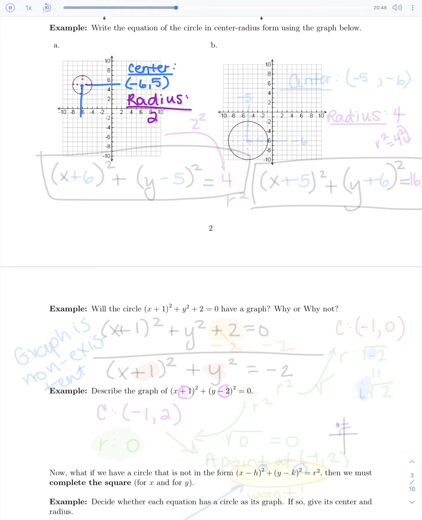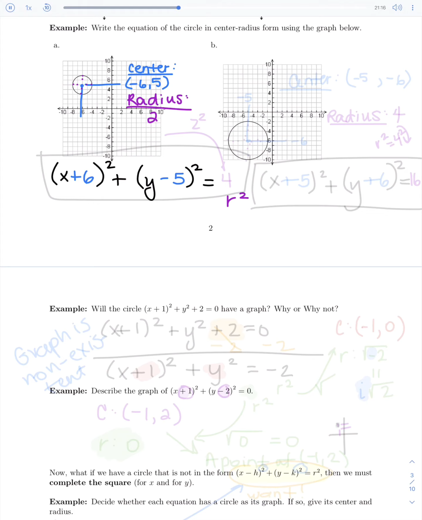Now you can just do your equation like we did at the beginning of this section. We need an x and a squared plus a y and a squared. And remember, the center, we plug in the opposite. So if I see a -6 as my x, I'm going to do a +6 when I plug it in. A 5 as my y means I plug in a -5 as my y. And remember, the other side is your radius squared.